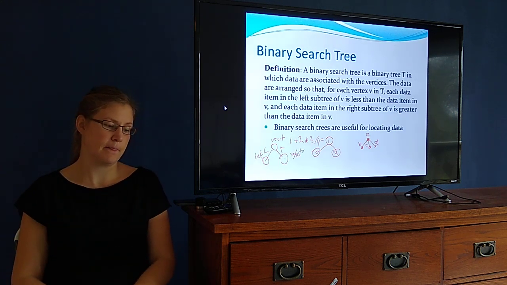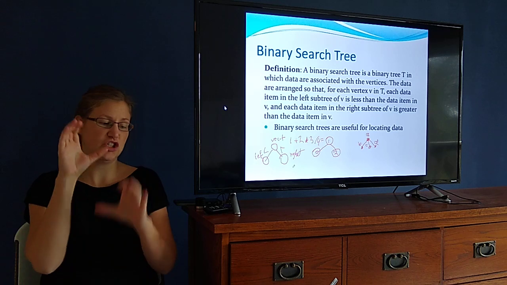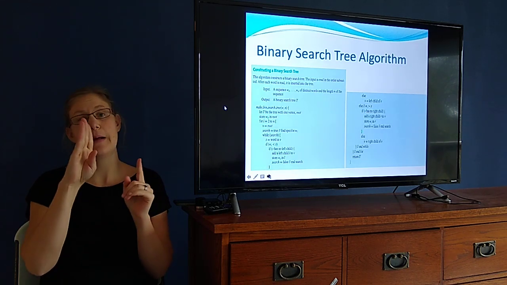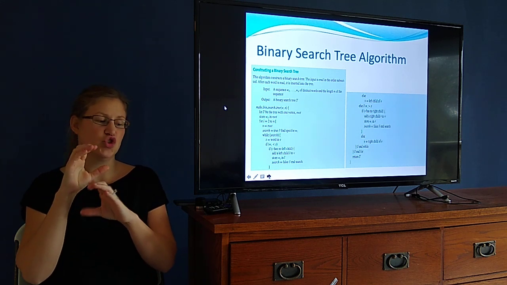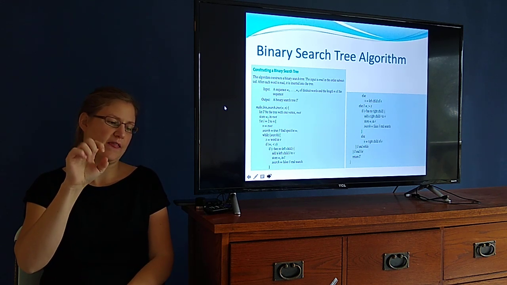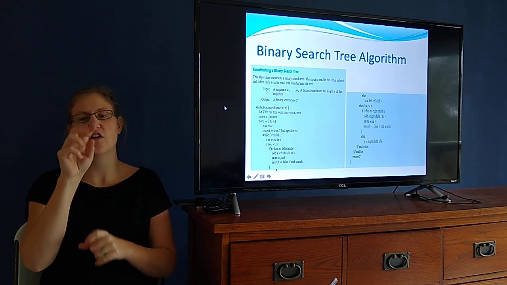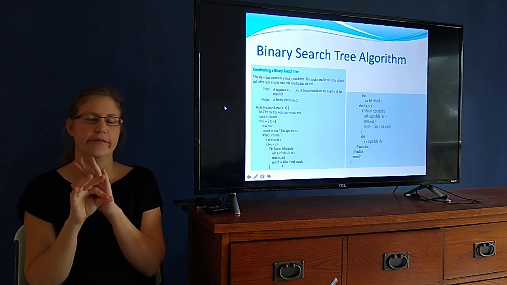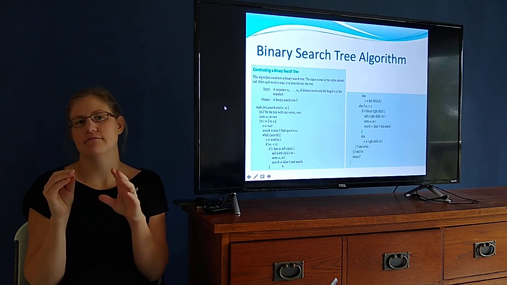Binary search trees are useful for locating data. So this is the binary search tree algorithm: given a vertex or a data, how to search for it, or how to find it in a given binary tree.